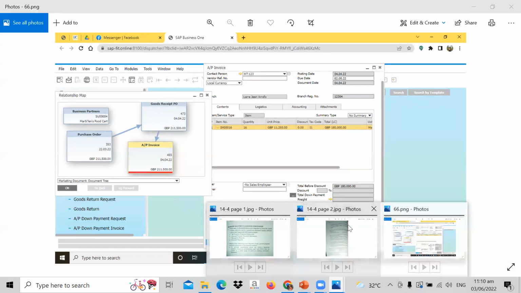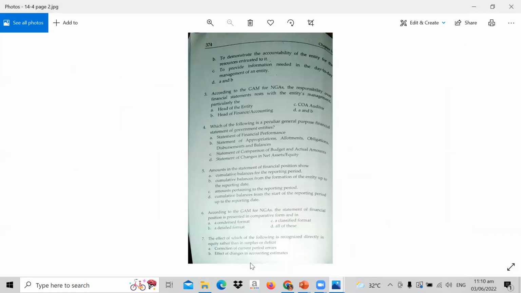Wait, let me go back to the previous question. Correction of current period errors, it should be prior period errors. Effect of changes in accounting estimate, this is prospective.